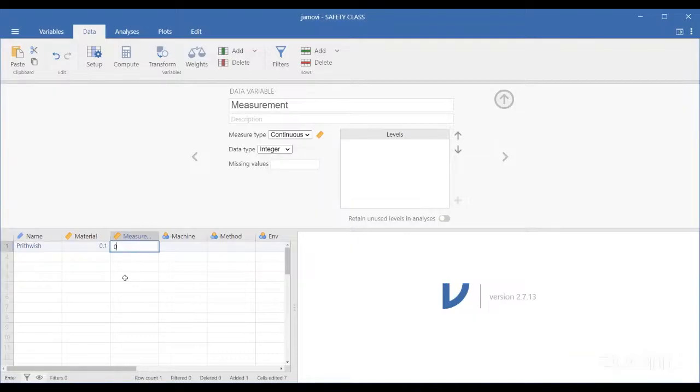Change this, it will be decimal. For machine it is 0.1, meaning 10%. Method is 0.4. Okay.